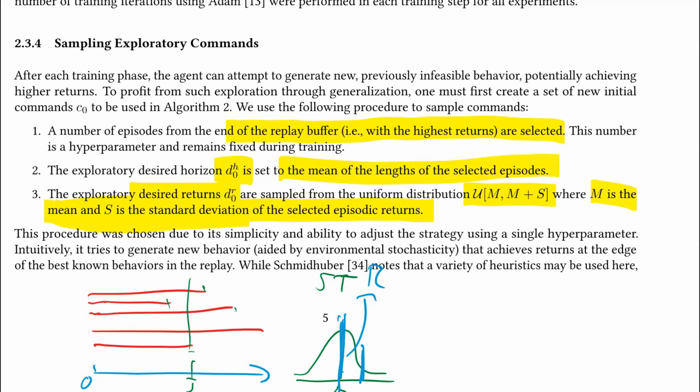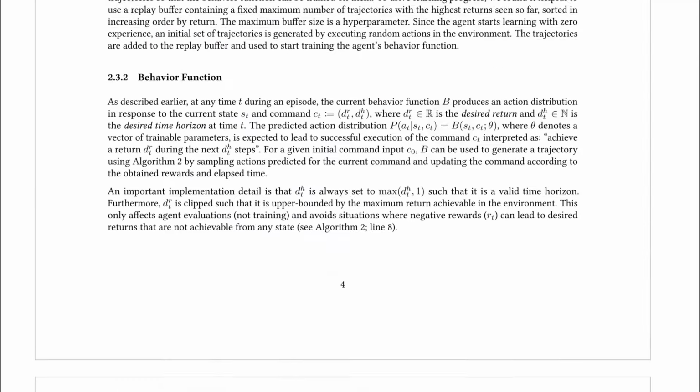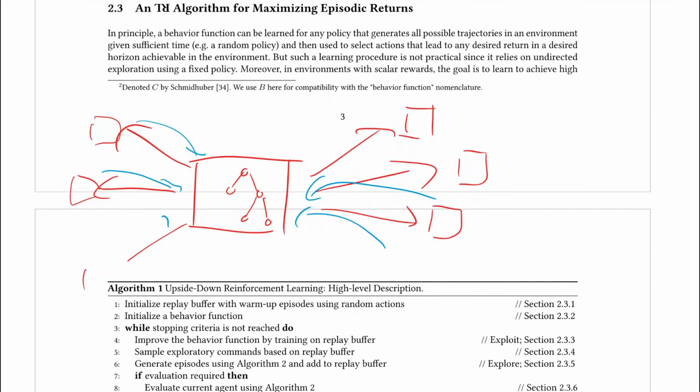And if so, you will execute these episodes, and then these episodes will go back to the learner, and the learner will learn from them, and hopefully then you can generalize even more, and then you can say, I now know how to achieve this bit more reward. Now if I run the episode, I will achieve even more reward.